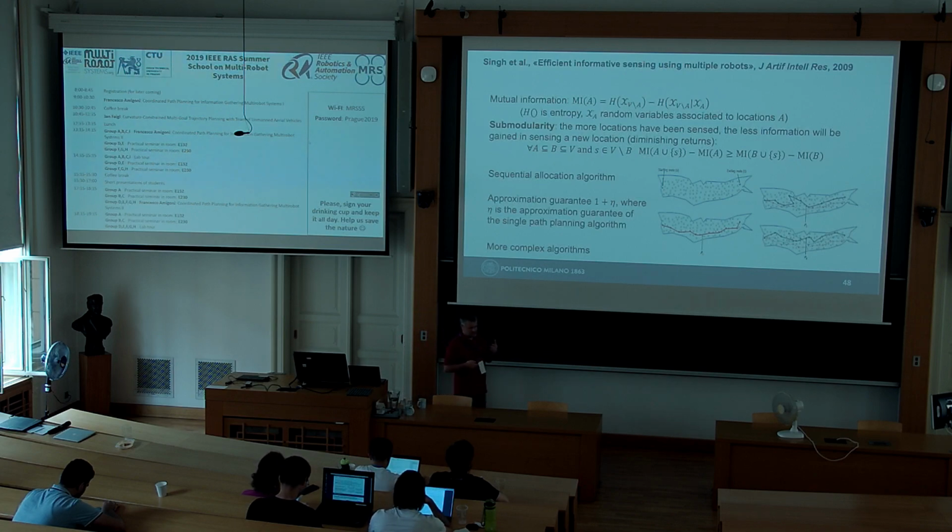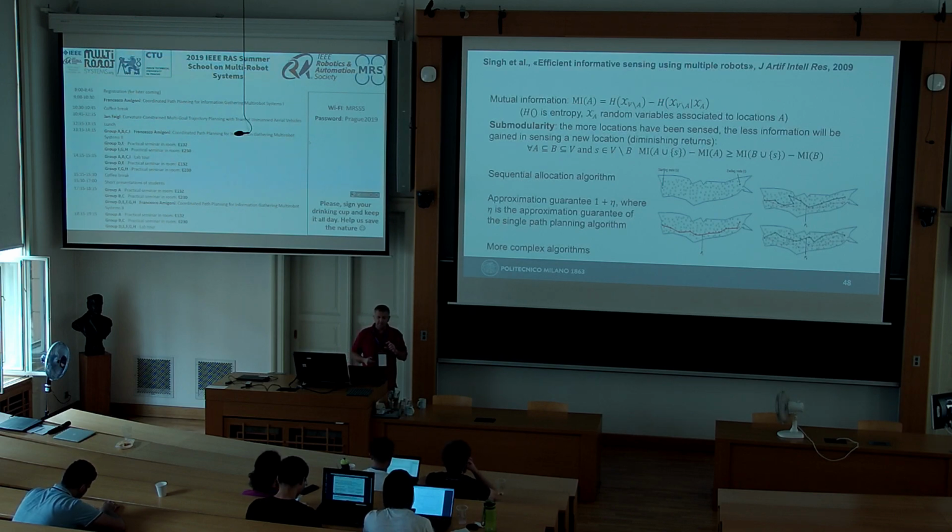And our system has this nice property of submodularity, which means that the more locations you sense, the less you will gain in sensing a new location. So it should be pretty clear from here.